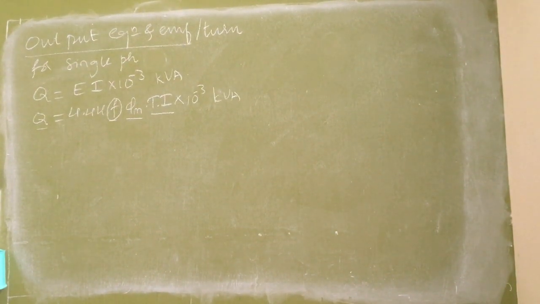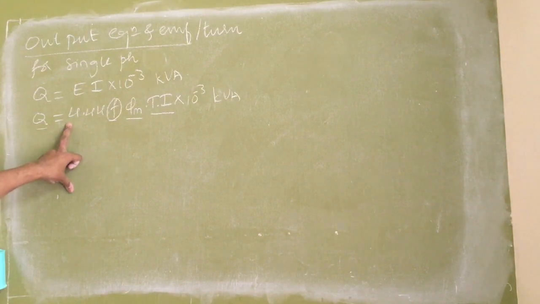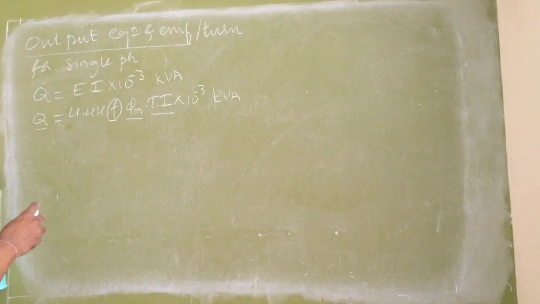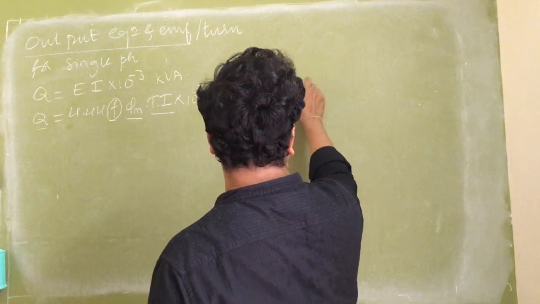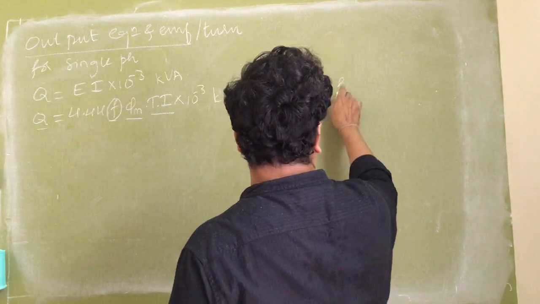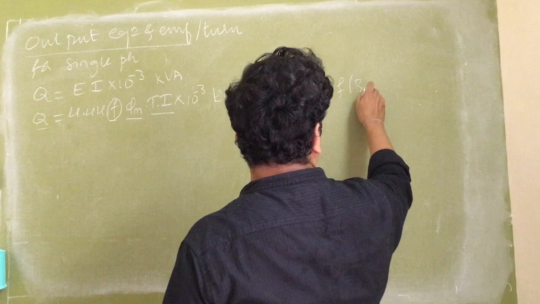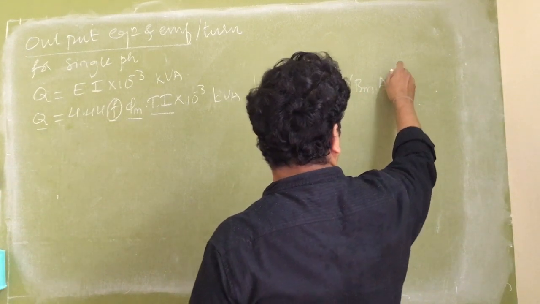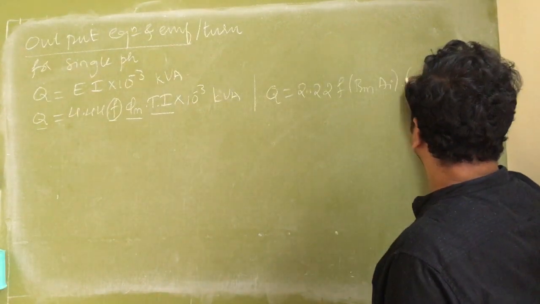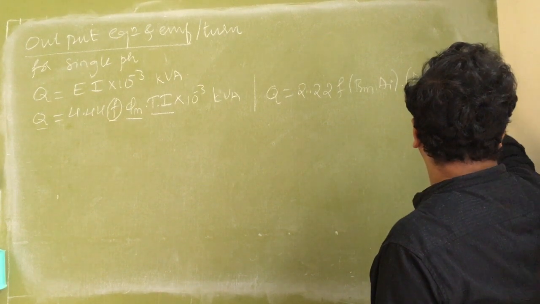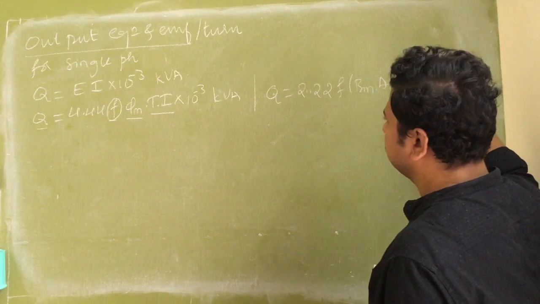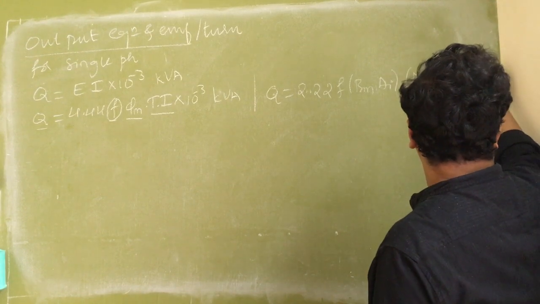See, this is the fundamental equation of output. But if you see the output equation, Q is equal to 2.22 F Bm into AI into AW KW delta into 10 to the power minus 3.